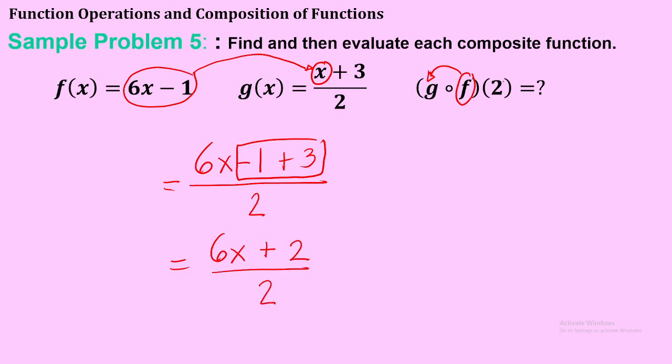Then what is the value of x? In the problem, it is 2. So let's substitute it here. So this becomes 6 times 2 plus 2 over 2. So we do the multiplication first, and the solution is 12 plus 2 over 2.